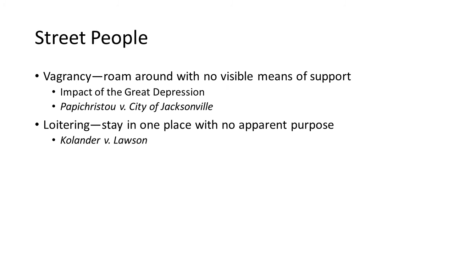But Chicago versus Morales, vagrancy laws. This is where the Supreme Court ruled that laws prohibiting loitering are too vague. The Supreme Court has actually said that. Chicago versus Morales is the case, and it's referenced in the book.